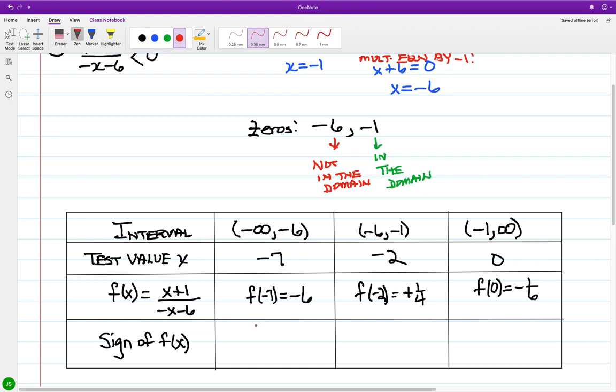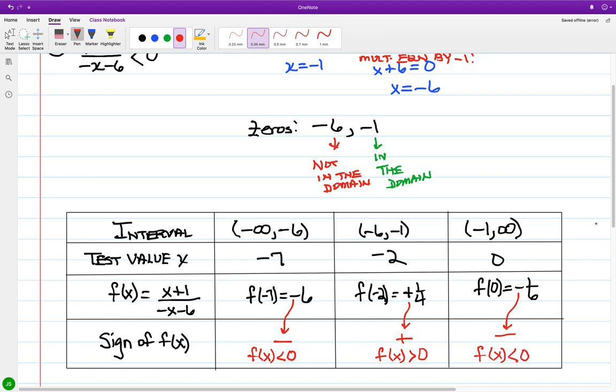Now, for the sign of f of x, for the first interval section, for values of x less than -6, the output is going to be negative, so f of x will be less than 0. Anything in the middle for x, you have a positive output, so f of x is greater than 0. And in the last case, any value of x greater than -1, the output is negative, so f of x is less than 0.